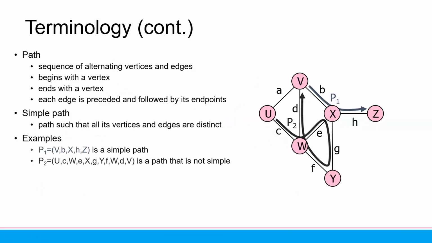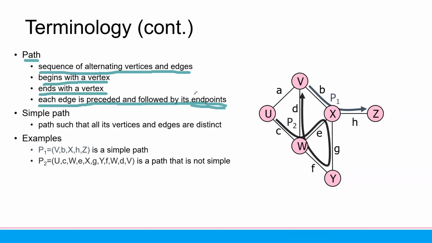There is another terminology we call path. The path is a sequence of alternating vertices and edges. It begins with a vertex and it ends with a vertex. Each edge is preceded and followed by its endpoints.